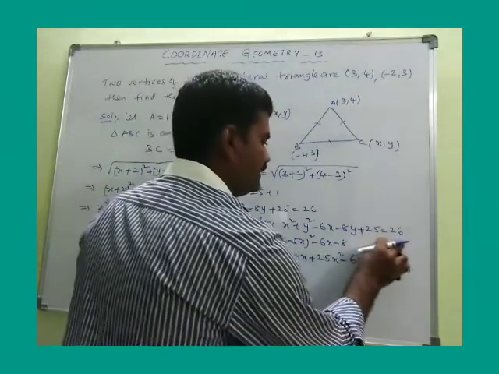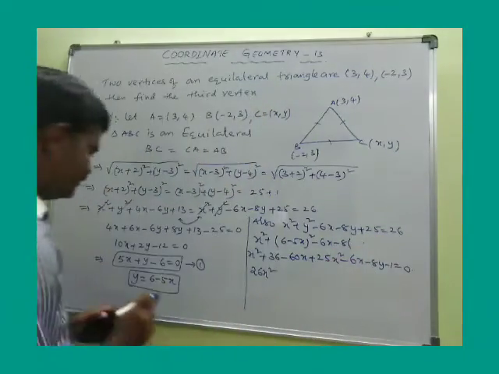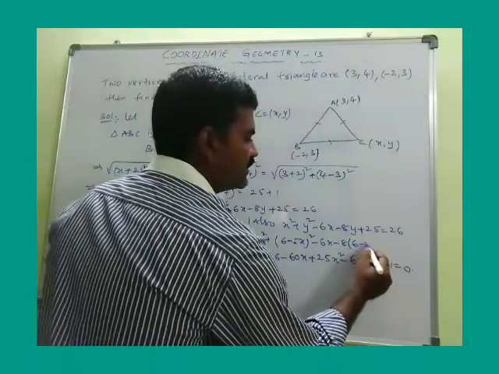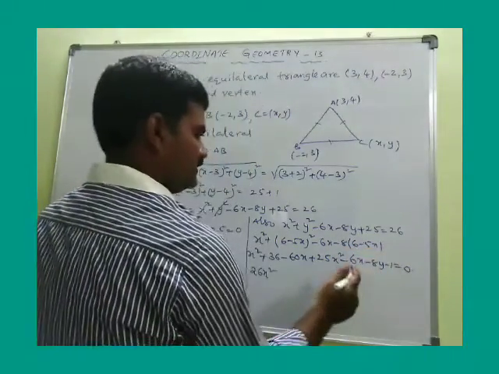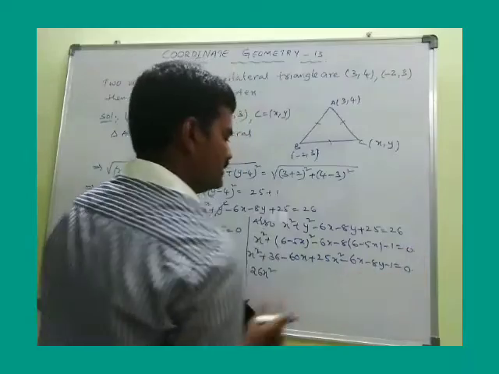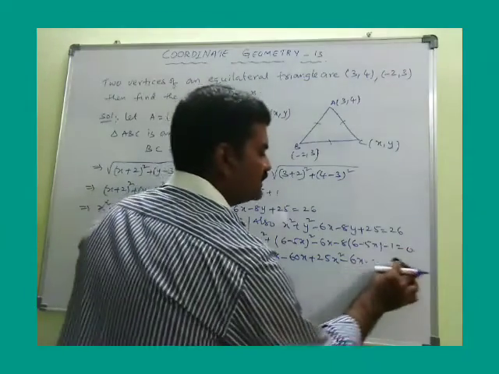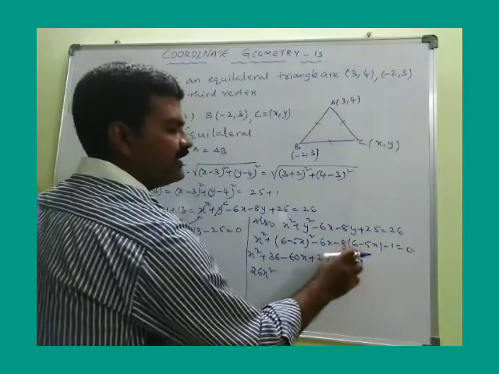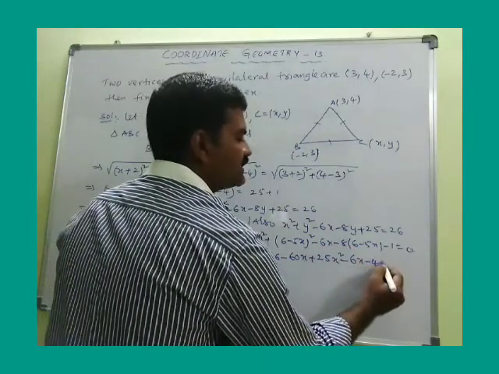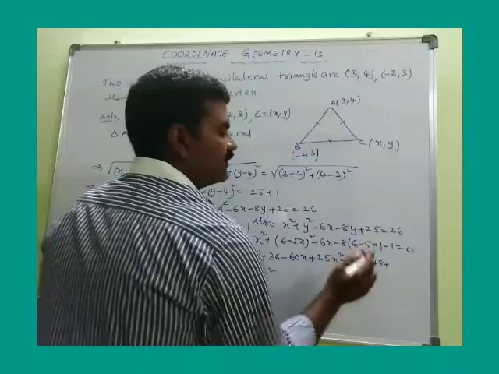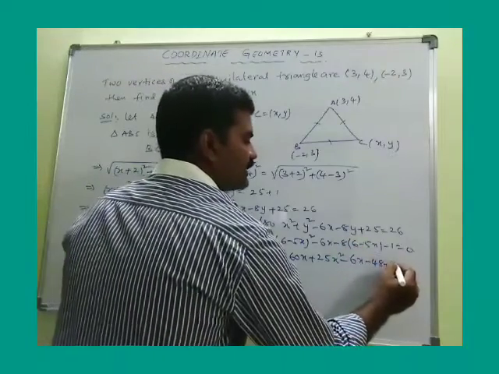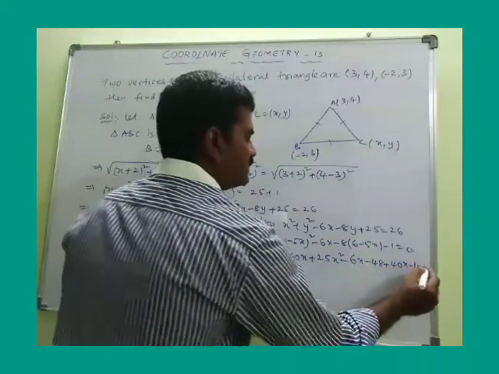Wait, here also you can replace. What is y? y is nothing but 6 minus 5x, minus 1 is equal to 0. So minus 6x, and coming to last, this needs to be multiplied with minus 8. Minus 48 plus 5 8s are 40x, minus 1 is equal to 0.